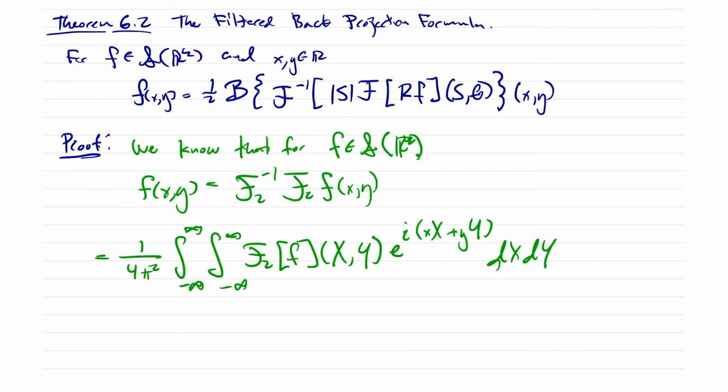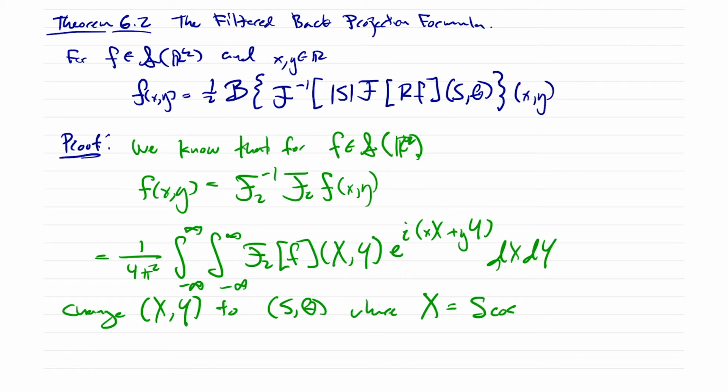But first, what we're going to do is change coordinates. We're going to change big X and big Y to polar coordinates, big S and theta, where big X is equal to S times cosine of theta, and Y is equal to S times sine of theta. Now this is pretty familiar from Calculus 3, but instead of letting s be strictly positive, we're going to let s range between negative infinity and infinity.